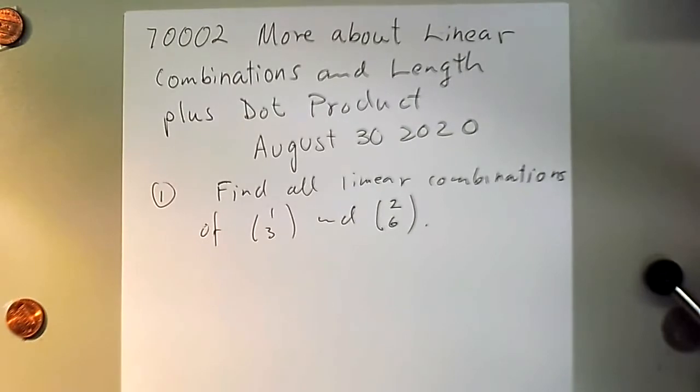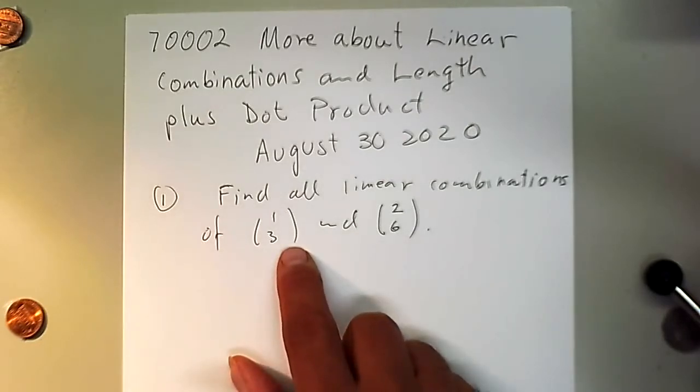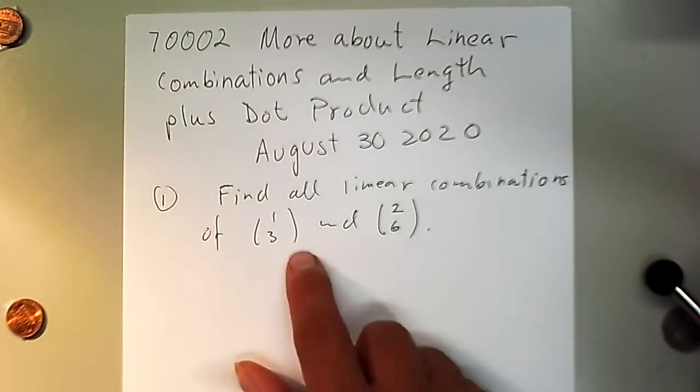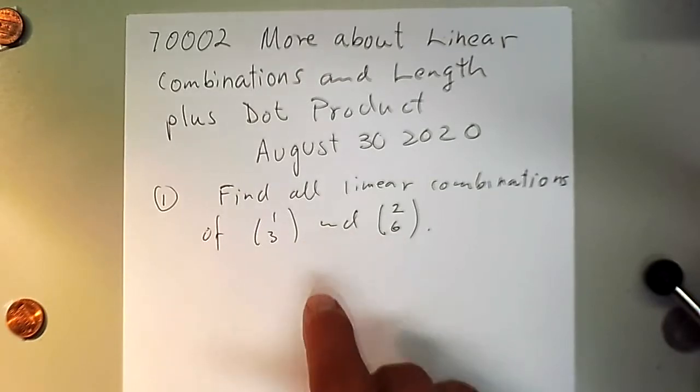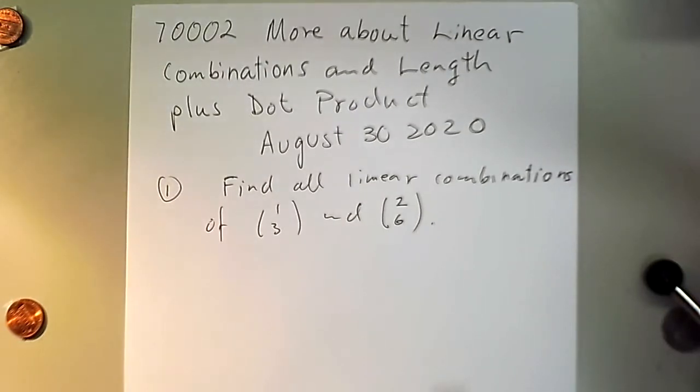Now, the interesting thing about this is that one way we can start figuring this out is by randomly generating some linear combinations and seeing what happens when we observe the outputs of those linear combinations.